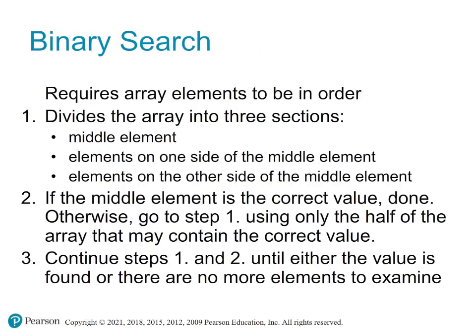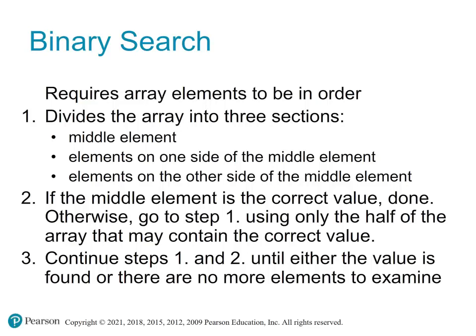Now let's talk about binary search, another algorithm for locating an item in a list. Unlike linear search, this method requires the array to be sorted in ascending or descending order. So binary search divides the array into three sections: the middle element, the elements to the left of it, and the elements to the right.